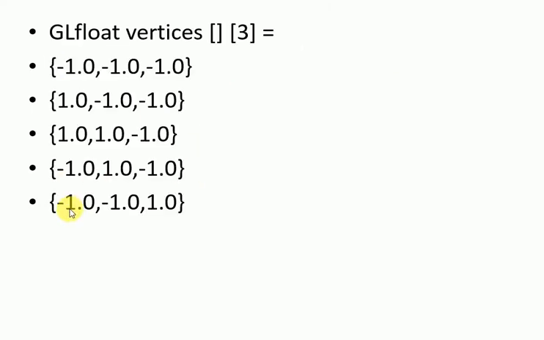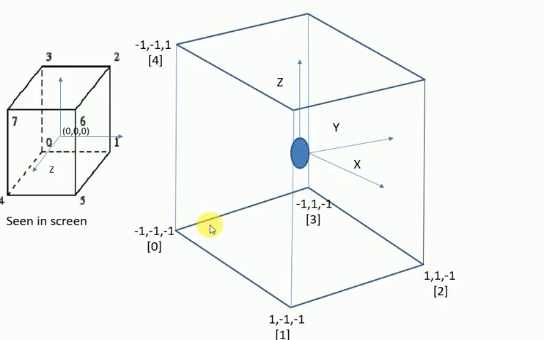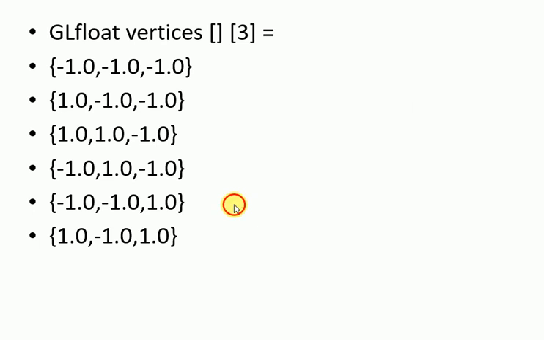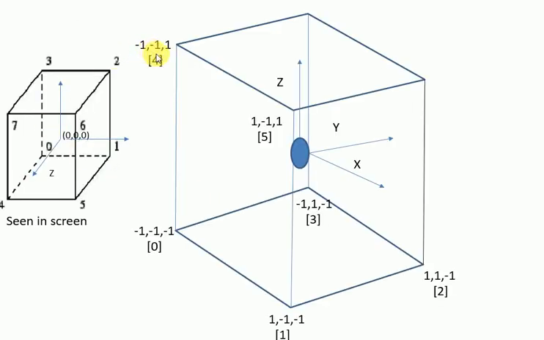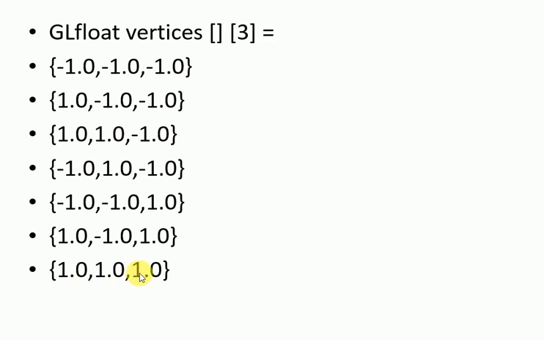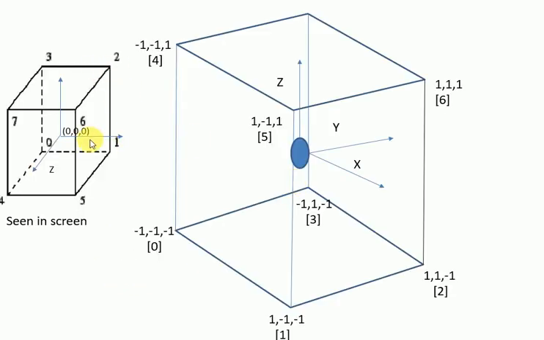And the next vertex is -1, -1 and 1. So this is here, that is vertex 4. The next vertex is 5, and here 1, -1, 1. The 5 is here, this part. Okay, the next vertex is all 1, 1, 1. That is the sixth vertex.